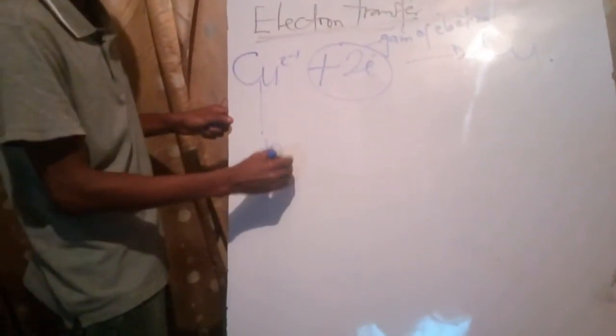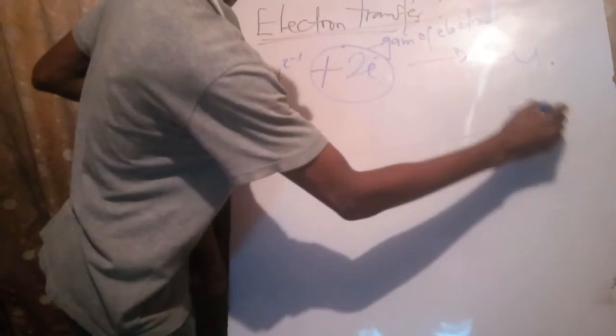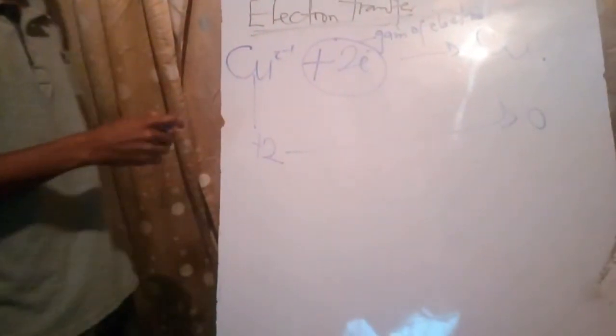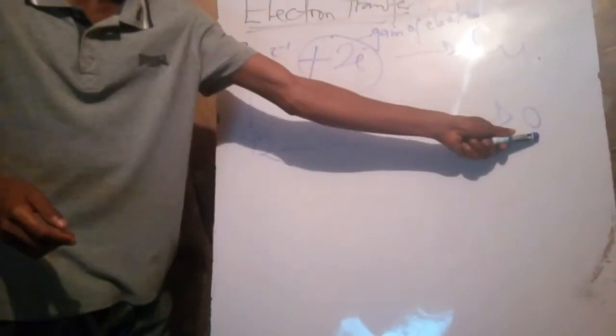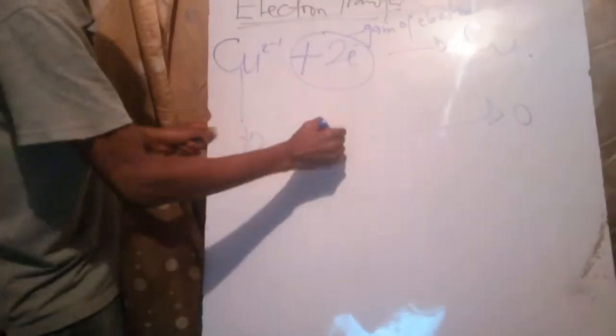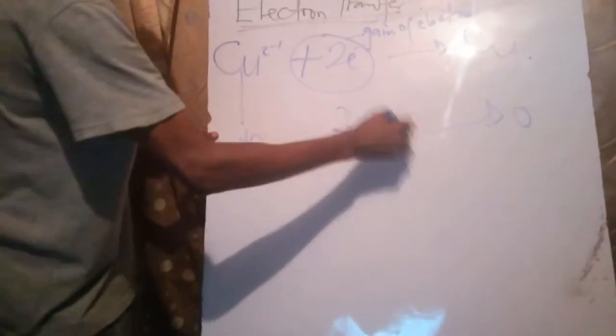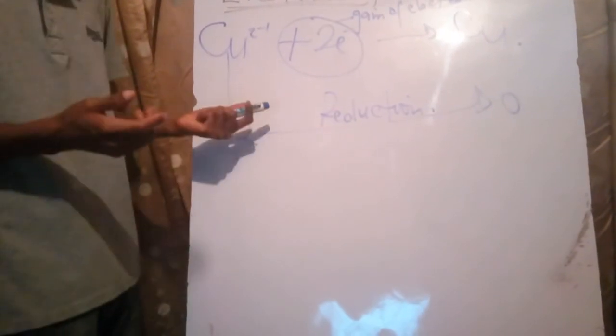Now let me analyze this and see what happens to it. Here copper is 2+, here copper is 0. From +2 to 0, it has reduced. This is called reduction. I think I'm going to be having a meaning for reduction here.